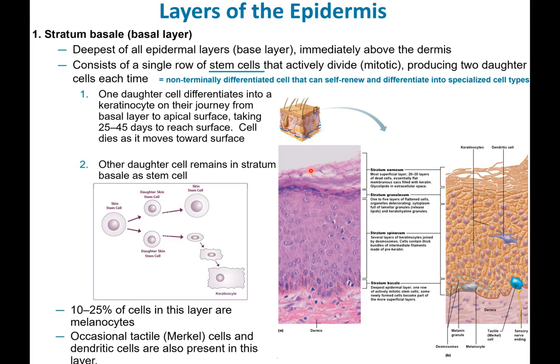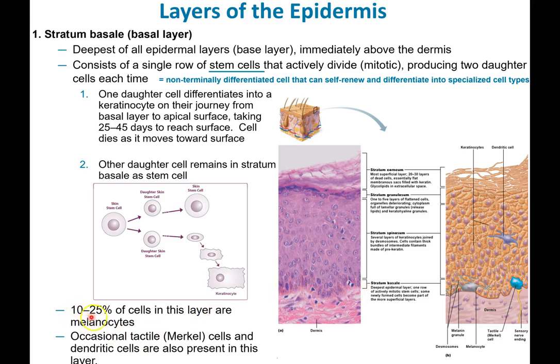Now, it takes approximately 1 month or between 25 to 45 days for this daughter cell to reach the surface. The other daughter cell remains in the stratum basale as a stem cell and essentially takes over as the new stem cell.